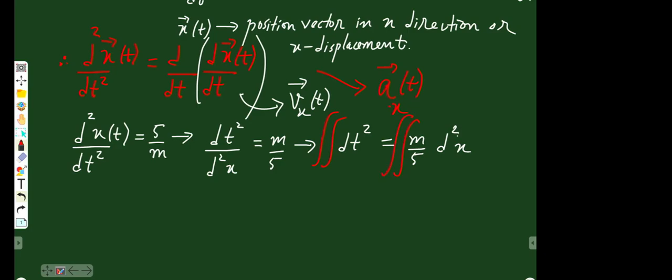After that it would be integration and differentiation only, right? So when you do that, you get t here, then you get m divided by 5, because m is a constant, as I said. 5 is a constant, it's just an example. So it's just double integration of that one.